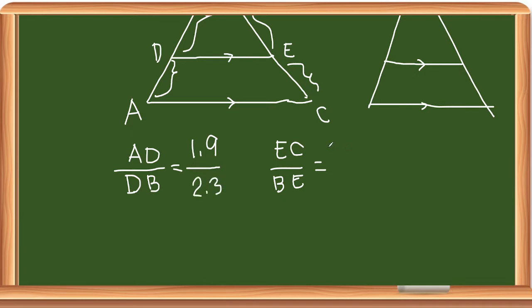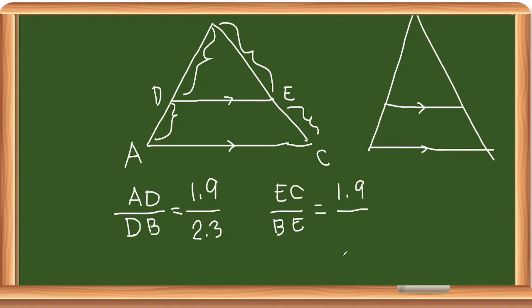Okay, how about EC? 1.9 also, ma'am. 1.9 also? Yes. Oh, really? So that means your BE is also 2.3? Yes, ma'am. So you made an isosceles triangle. Okay, obviously they have the same ratio, no? Any more volunteer? Thank you, Rosemary.